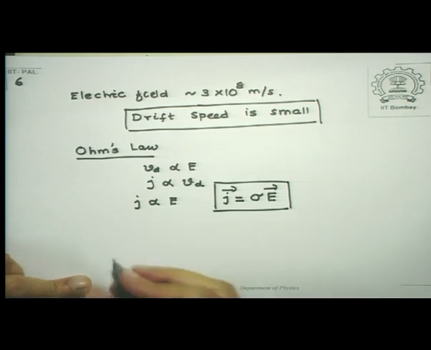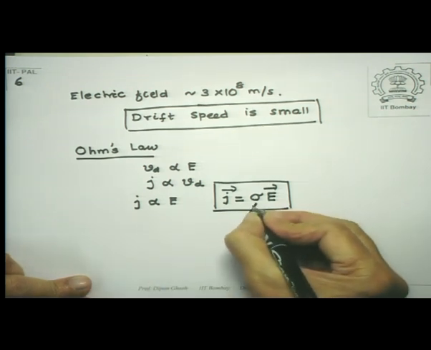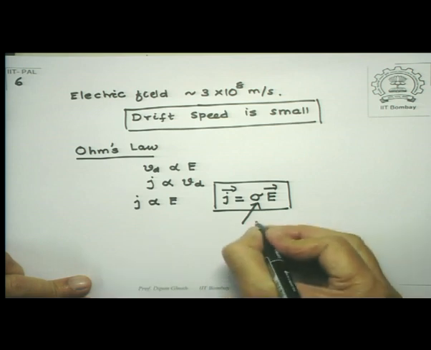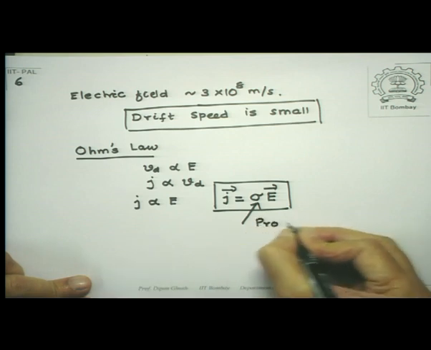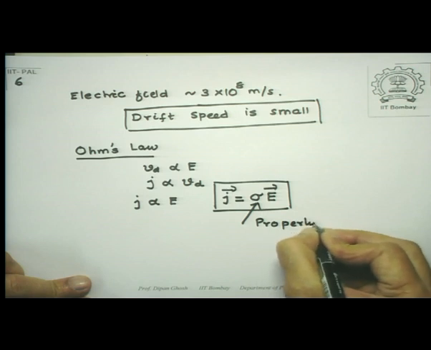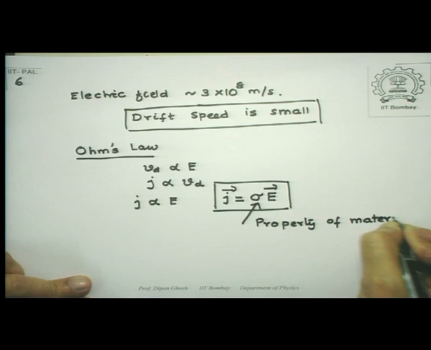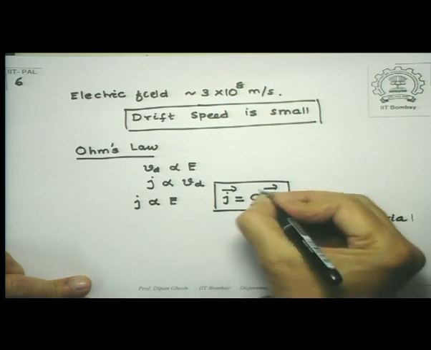Where the value of sigma is usually large for good conductors, and this is a property of the material. It is called conductivity.